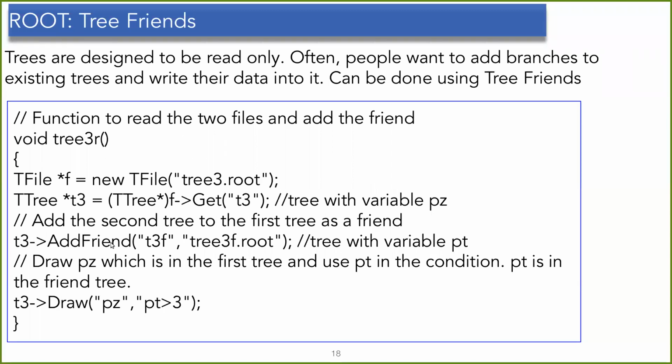For example, here I have shown that this command basically adds the branches of T3f to the T3 tree, and then if you draw from this T3, for example, if you want to draw the variable pz of this T3, you can draw it by putting a condition on pt, which was initially not present in the T3, but you can add it using AddFriend, and you can do it this way.